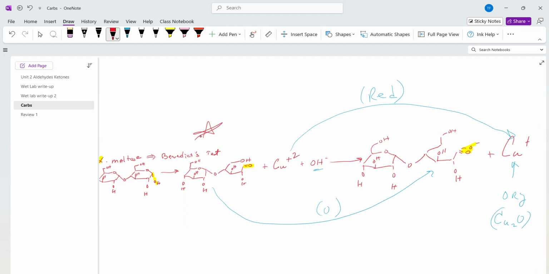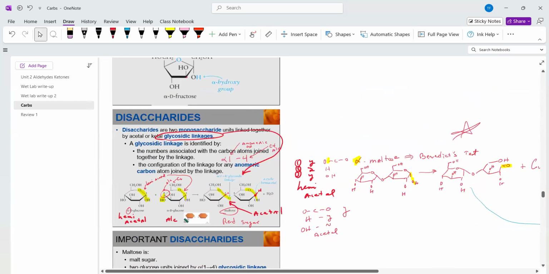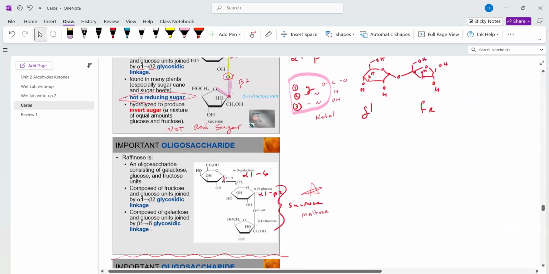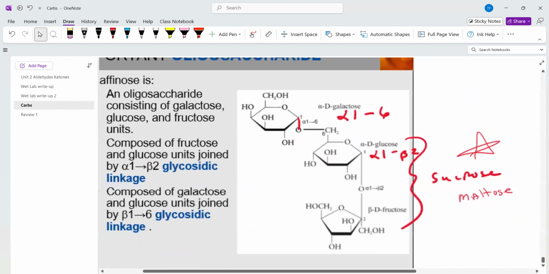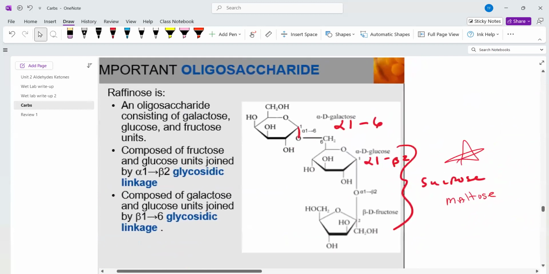Now, it's really important to keep up with lectures on this unit 2, because the structures get more and more complicated. The reason I stopped where I was is that when we get into the oligosaccharides like raffinose, instead of a disaccharide, it's a trisaccharide, which is the smallest oligosaccharide.